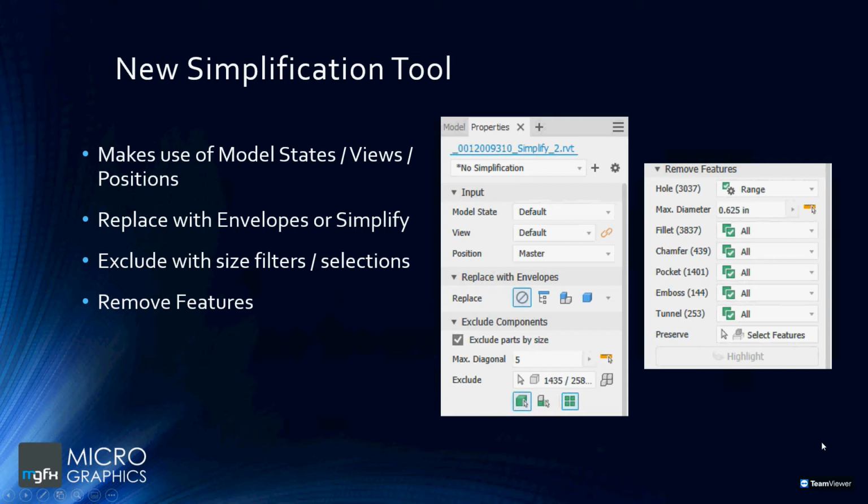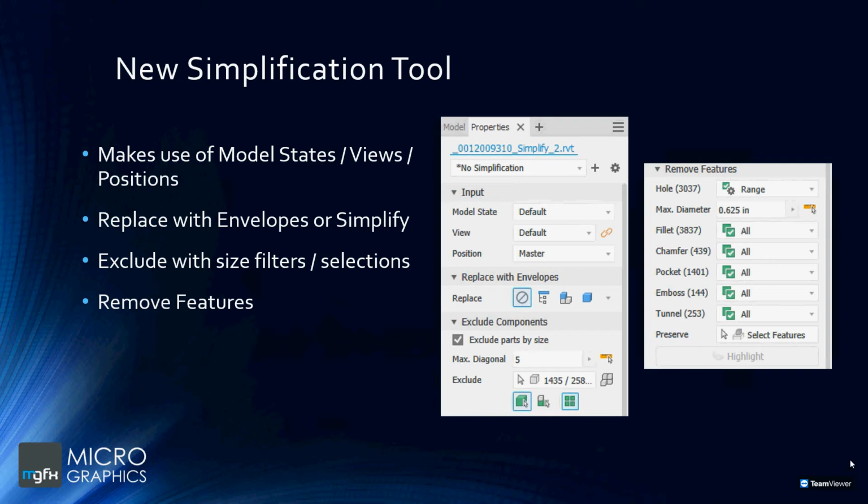If more detail is needed than just a simple bounding box, then you can use the exclude components and remove features options. This allows you to exclude parts by size. So you can set a maximum diagonal size and anything smaller than that gets removed. You can also manually pick components to remove as well. So you can click and say, well, I don't need this, that, and the other, and they're removed from it as well.